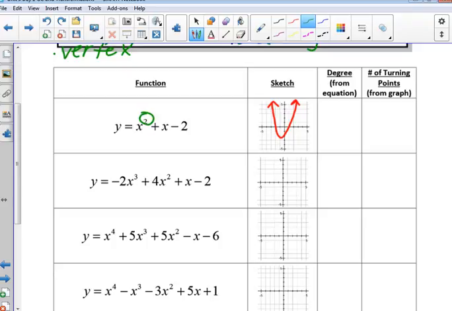Sometimes your teachers will try to trick you and put it out of order, but you gotta look for it. Sometimes on the SOL, it's not going to be in standard form. Standard form is when the exponents decrease. So what would be the degree of this equation? What's the highest degree? 2. So you just put 2. It's literally that simple.